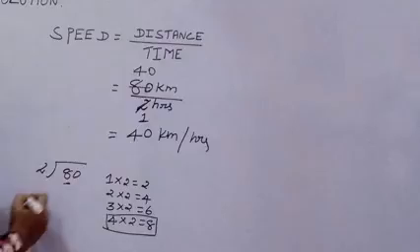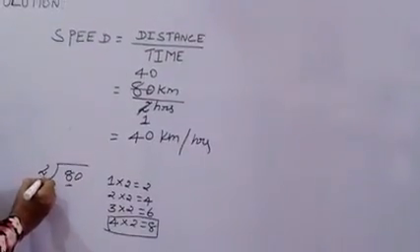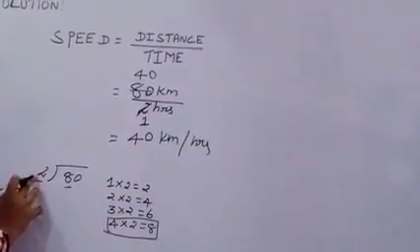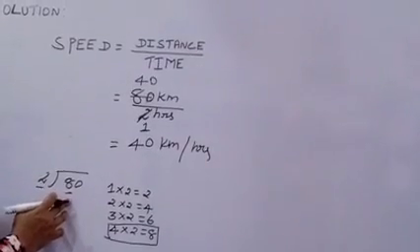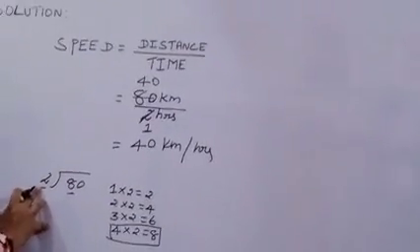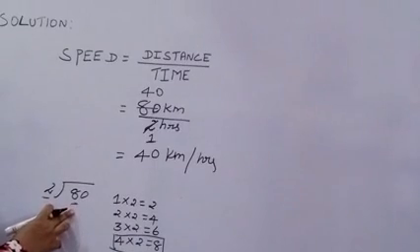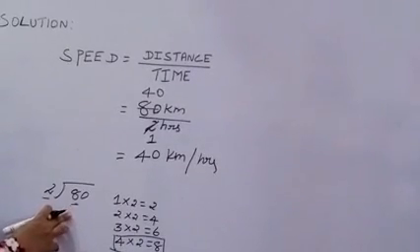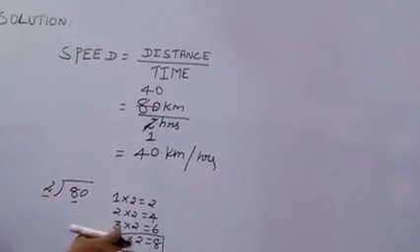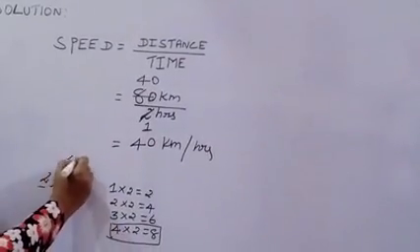So the first digit alone you take. Your divisor is 2. Compare the divisor and dividend. The divisor should be less than the dividend, so you can divide. How many times 2 in 8? 4 times. So I write down 4.